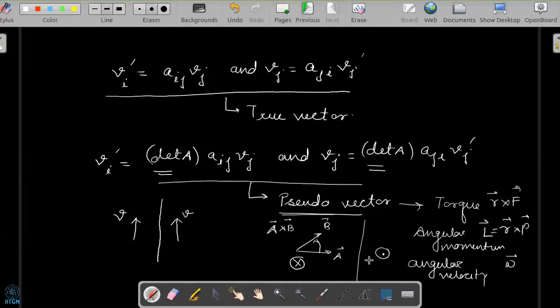Yes, the direction will become opposite.